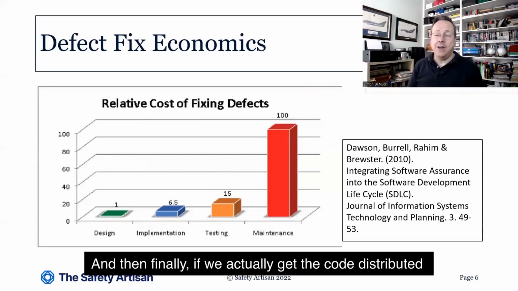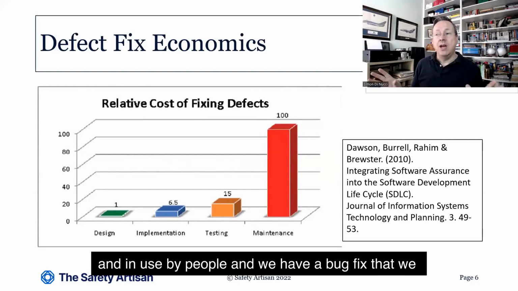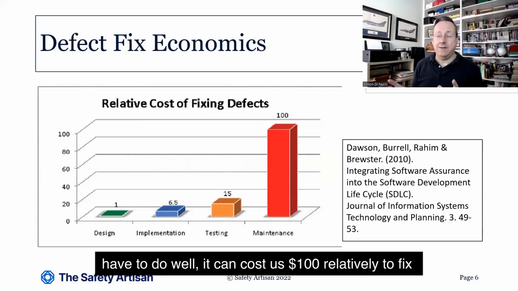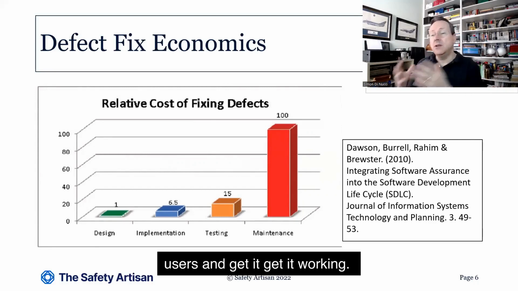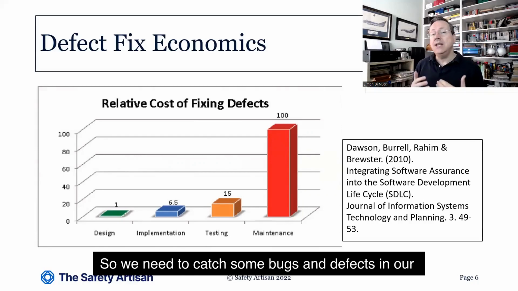And then finally, if we actually get the code distributed and in use by people, and we have a bug fix that we have to do, well, it can cost us $100 relatively to fix that bug and do all the things that need to be done, deploy it to all of the users and get it working.